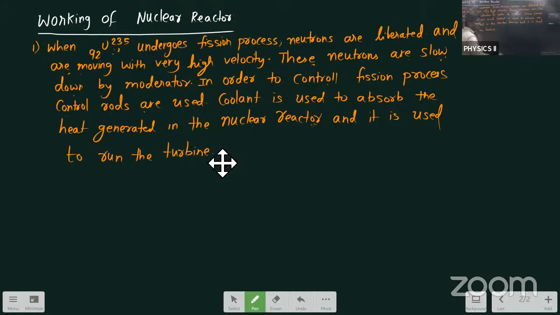This is the working you are supposed to write. Once that steam is used for running the turbine, electricity will be generated from that turbine.